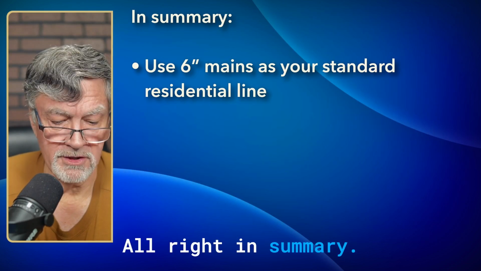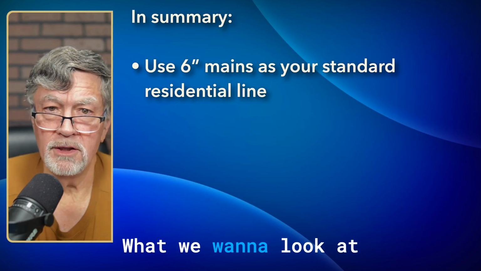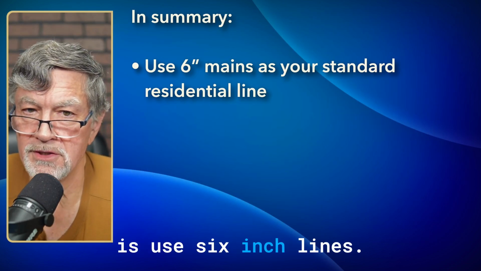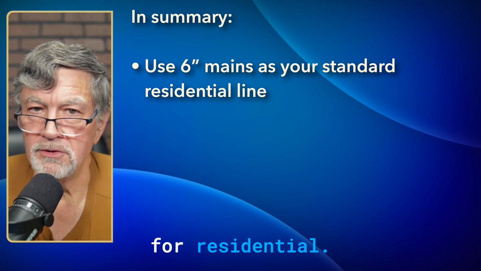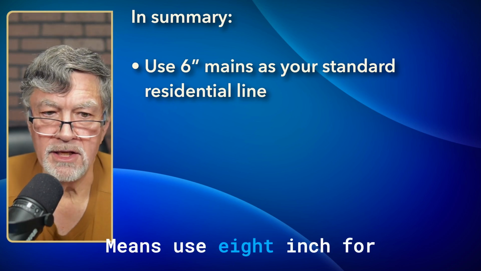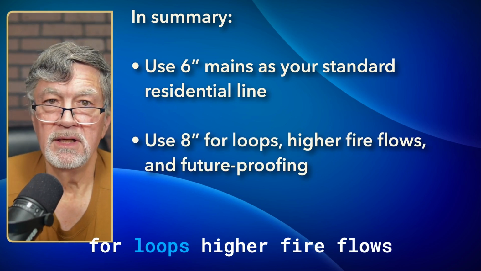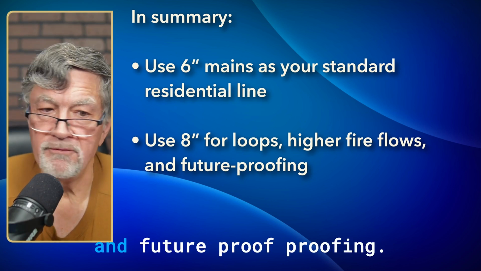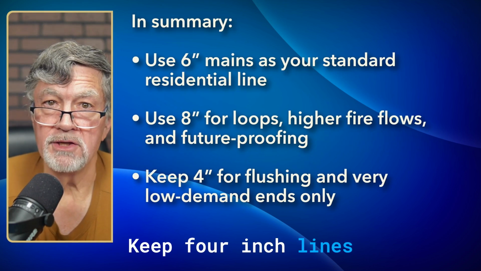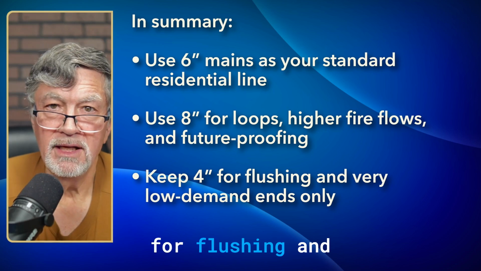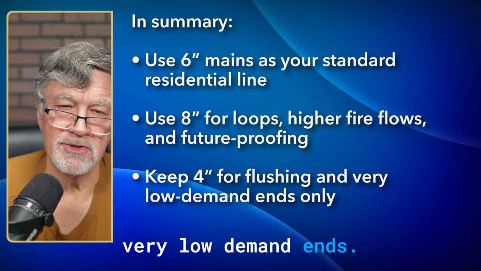All right. In summary, use 6-inch lines as your standard for residential mains. Use 8-inch for loops, higher fire flows, and future proofing. Keep 4-inch lines for flushing and very low demand ends only.